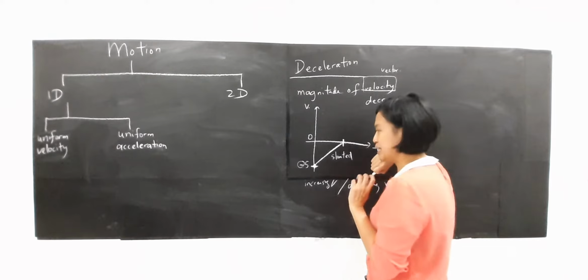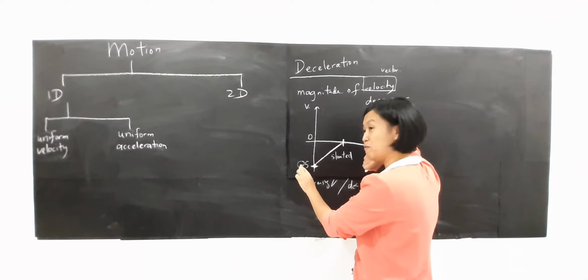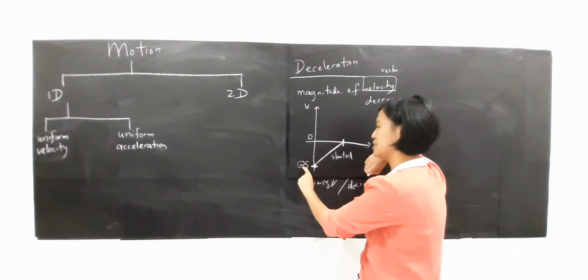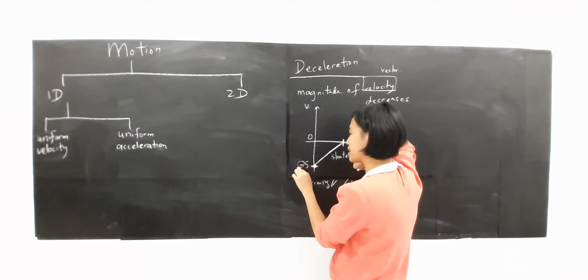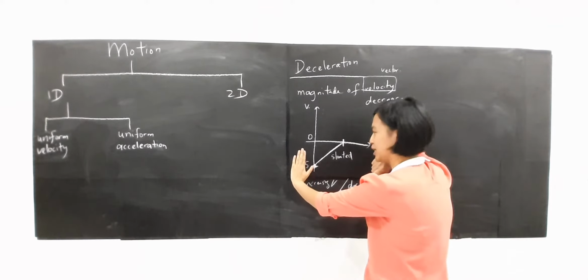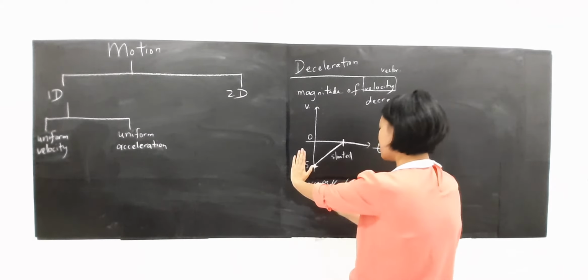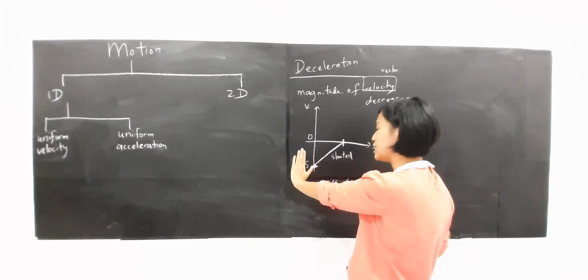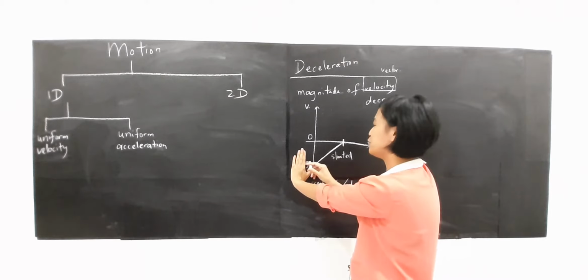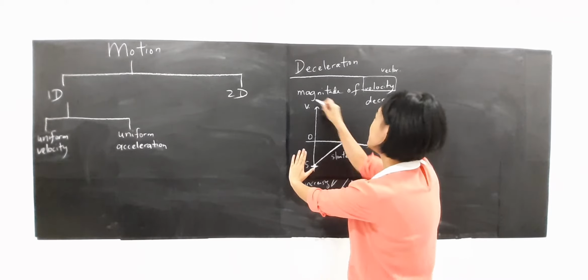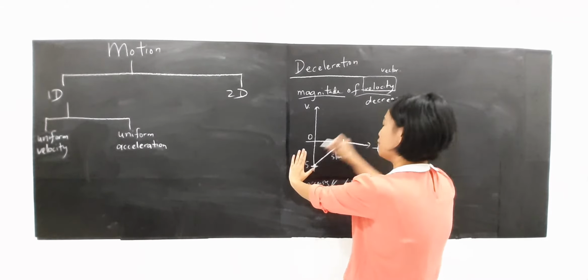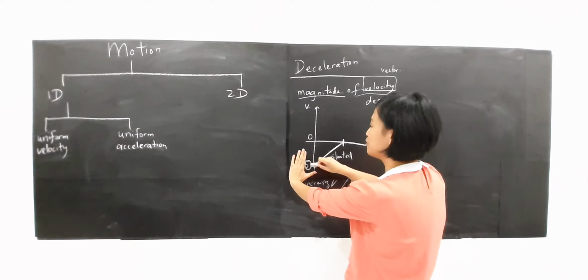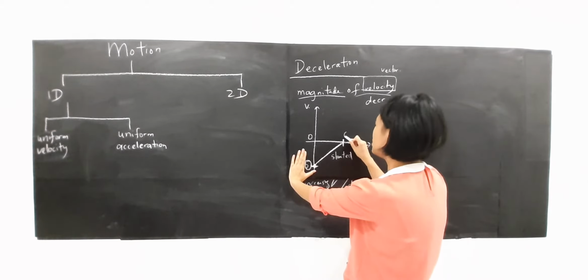The sign convention in front of this actually means direction only. So in order to determine whether an object is increasing v or decreasing v, we just look at the value of v from 5 to 0.